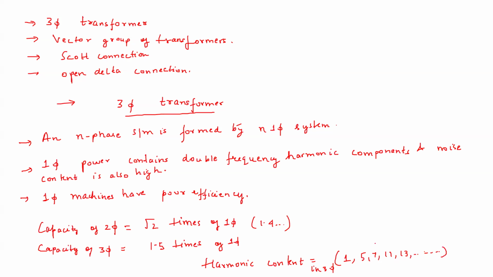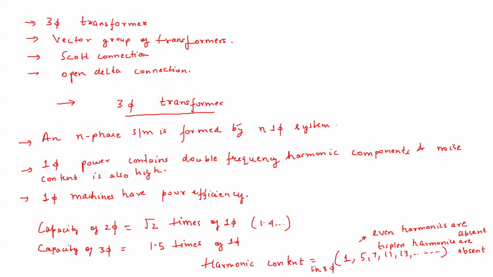Here all even harmonics are absent, and triplen harmonics are also absent. Triplen means the third harmonic and its multiples: third, sixth, ninth, like that. Triplen harmonics are absent. So in this way the noise content is low.